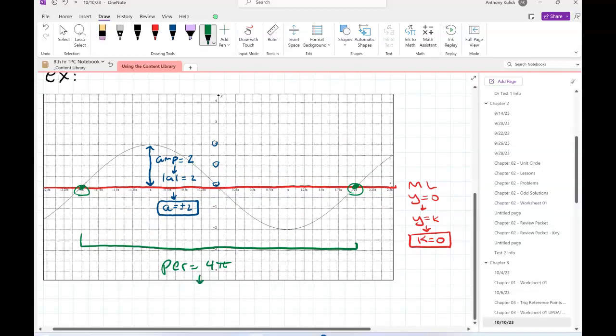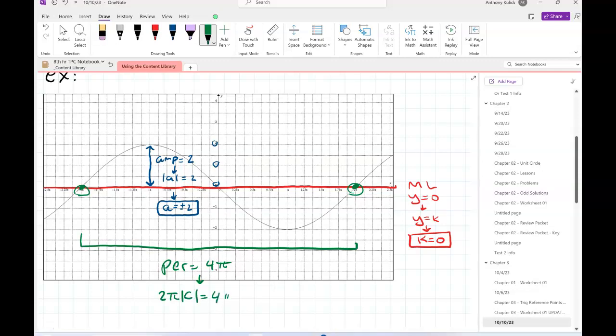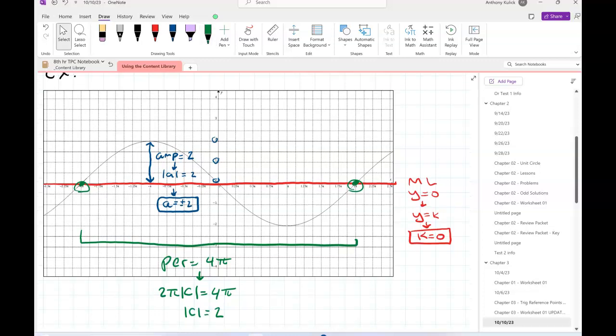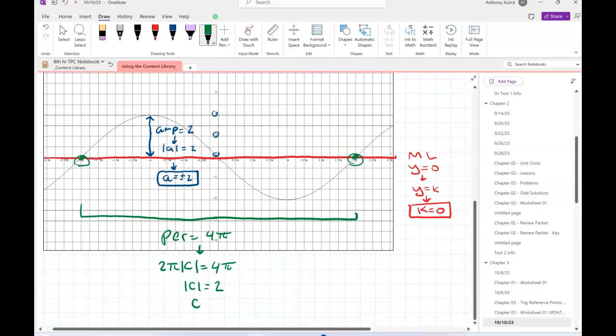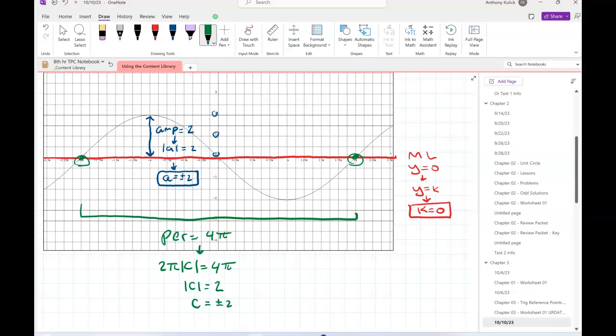And we know the period is 2 pi times the absolute value of C. So if I divide both sides by 2 pi, I get that the absolute value of C is just 2. And so I can say that C is plus or minus 2. I'm not going to put a box on that yet. So far, so good?